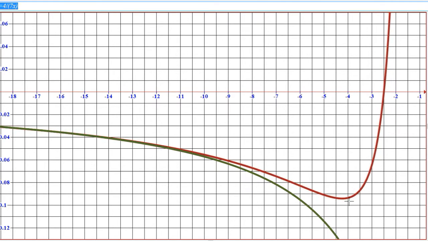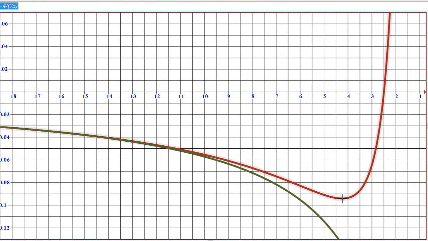There's a minimum here. And actually, if you go from the left to right, it's coming down, decreasing, concave down. Somewhere about here, there's an inflection point, and it switches to concave up, still decreasing.